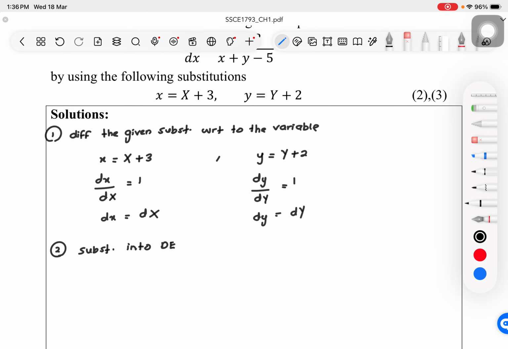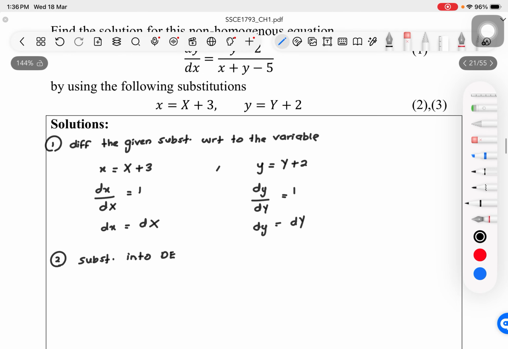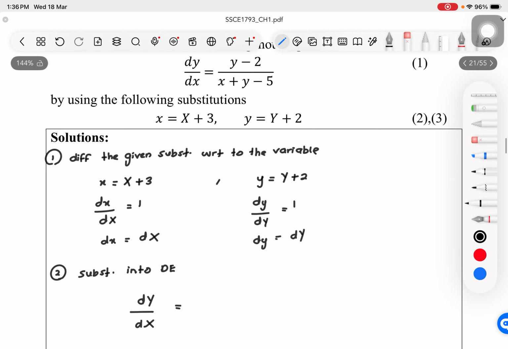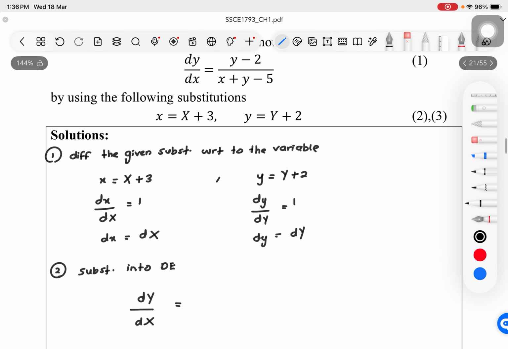So dy over dx will become dY over dX. Now small y becomes Y plus 2.